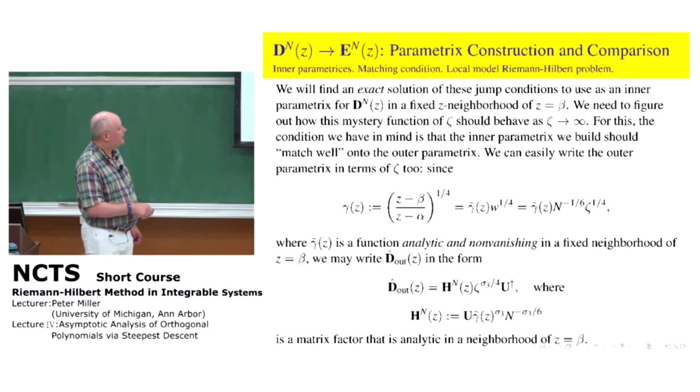This H_n(z) is everything else in our formula that we pull out to the left of this factor, so there's no zeta over here. It's this non-vanishing analytic function, some factor that depends on n, and our constant eigenvector matrix. But this is analytic in our disk, and the only part that's going to come in from our jump conditions is this thing right here. That's the only part contributing to the jump.